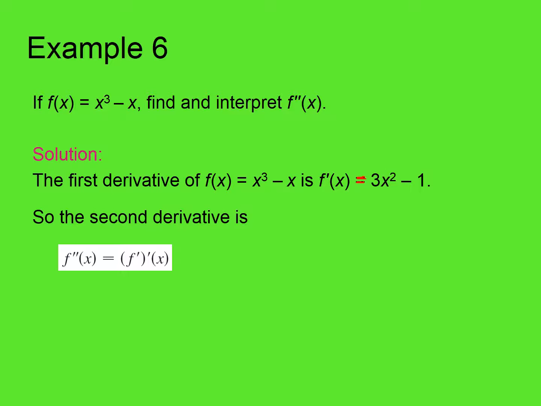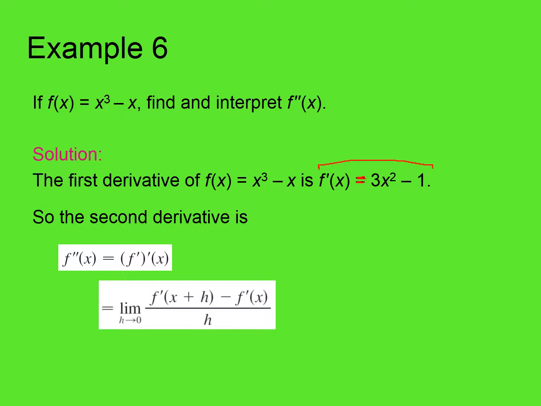Second derivative, at least in this case, the second derivative is f double prime of x equals f prime prime of x. So we're going to take f prime of x, which is this, and differentiate it. And that means taking the limit as h goes to 0 of the function evaluated at x plus h minus the function, which is the derivative, evaluated at x all over h. Well, that function is 3x squared minus 1, right?